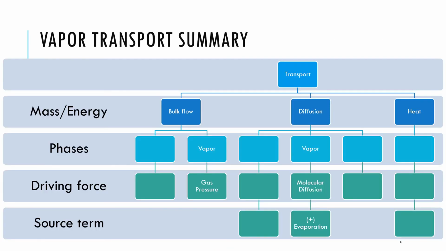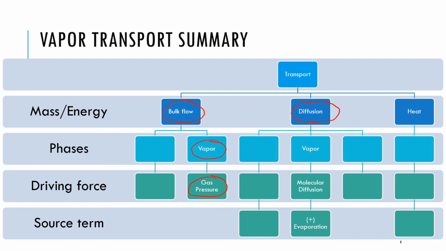So back to our map, and we'll try to summarize the vapor transport using the map. And in this case, we're going to only write the vapor transport part of it. So vapor transports due to either bulk flow or diffusion, and bulk flow of vapor is due to gas pressure.